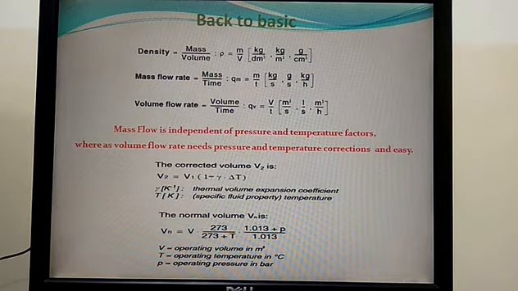This is the correction factor in case we are considering volume flow rate. Okay.